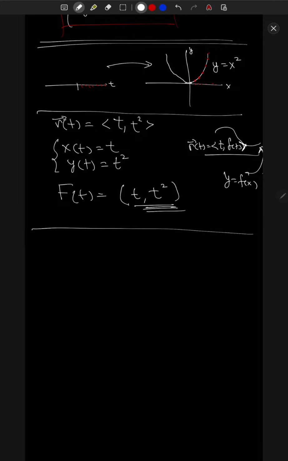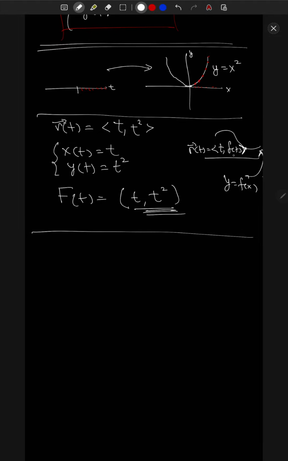That works because t describes your x position, and then how far up do you have to go to hit the graph? Well, literally f of t. That's the meaning of the graph. All right, that said, let's move on to surfaces.